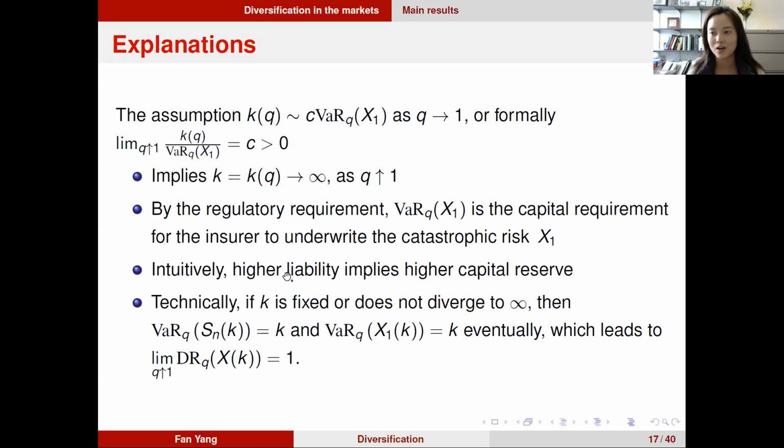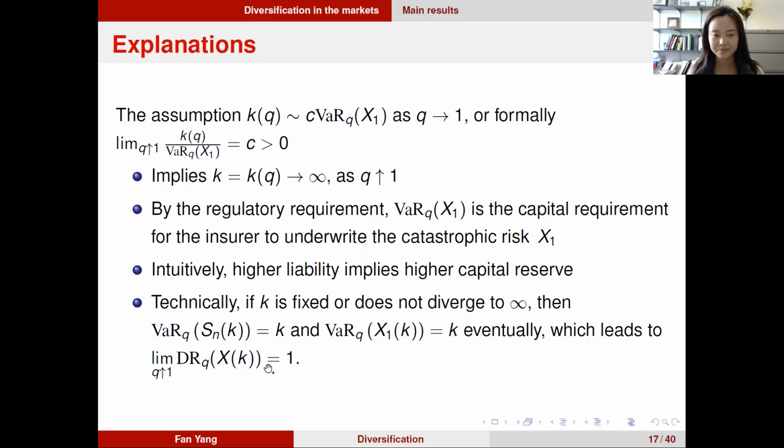That means if they want to raise the limit, the liability, then that also requires a higher capital reserve. So that's why it's intuitively or practically reasonable to require the liability grows with the VaR.